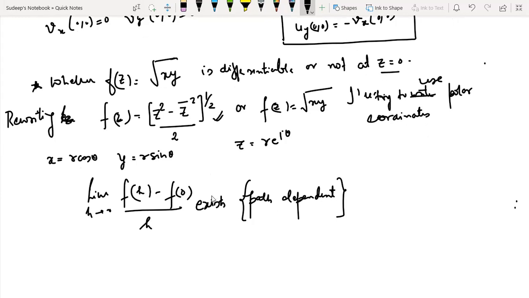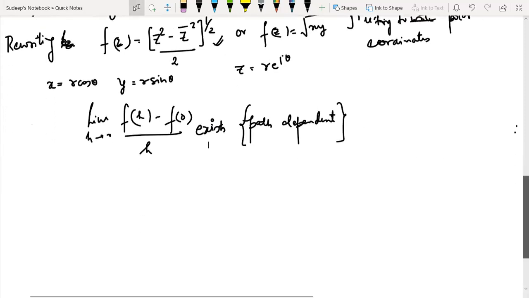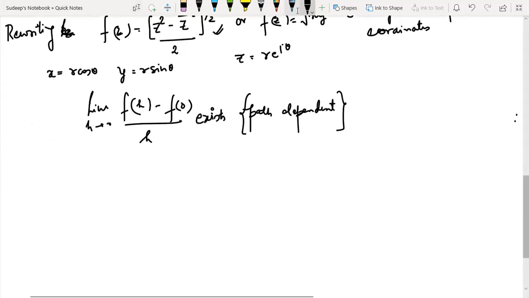If I'm taking different paths and getting different limits, then the limit is not unique, and therefore I would say the limit doesn't exist, and the function is non-differentiable. We have known that if a function is differentiable, then this limit exists uniquely.